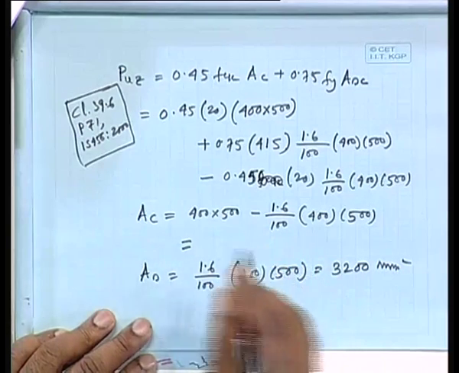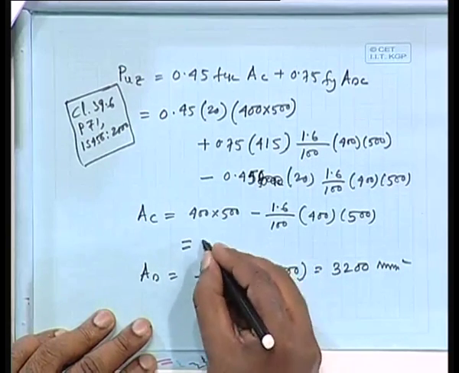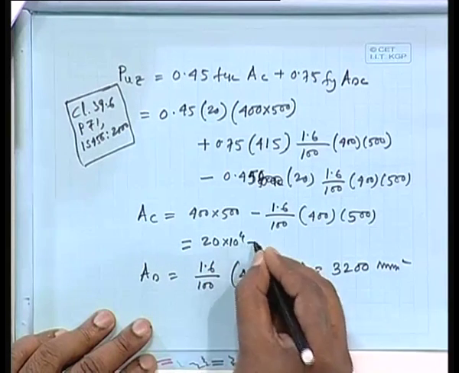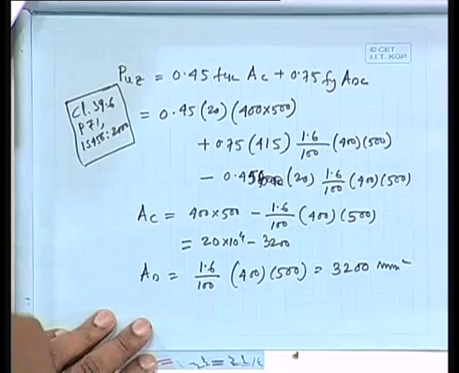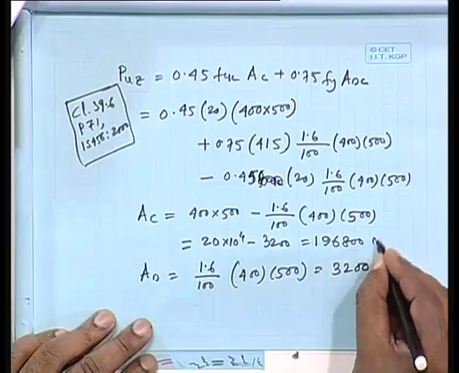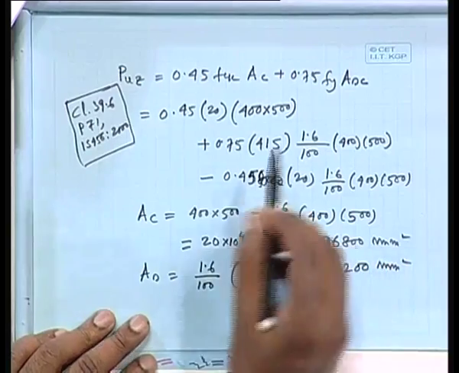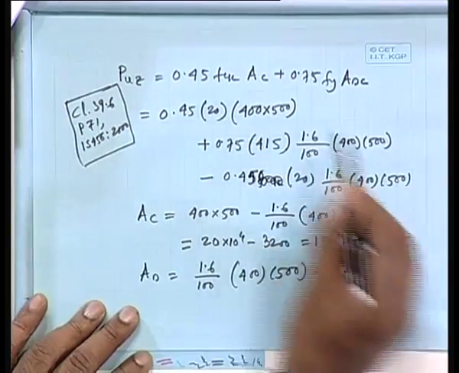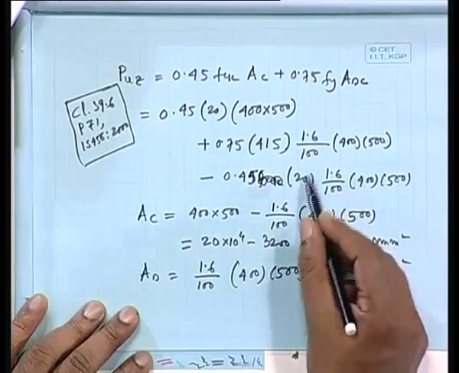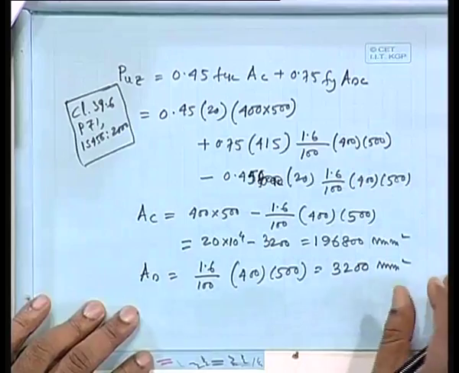And AC comes as 400 into 500 minus 3200, which is 196,800 square millimeter. Either you can do it here, or you can deduct the portion, whichever way you feel. The same way I am doing the same thing.